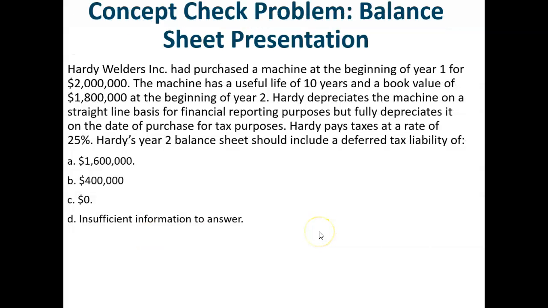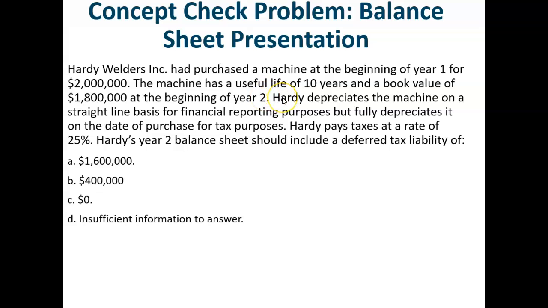Let's do a concept check problem for Hardy Welders. Hardy Welders, Inc. had purchased a machine at the beginning of year 1 for $2 million. The machine has a useful life of 10 years and a book value of $1,800,000 at the beginning of year 2.